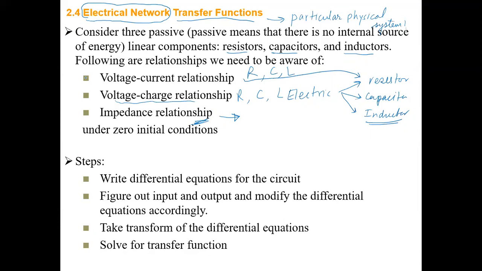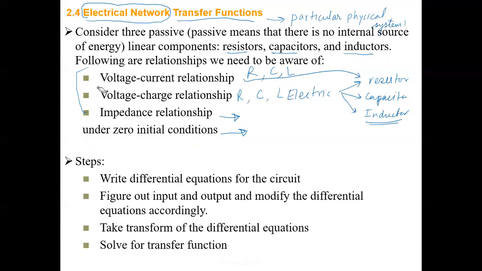Again, we care about the relationship under zero initial condition, because when you talk about transfer function, you assume that the initial condition is zero, right? So that's what we do. Now if you want to do the transfer function, I'll give you the list of these relationships before I move on to the real problem.